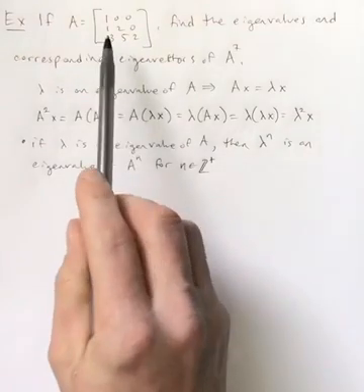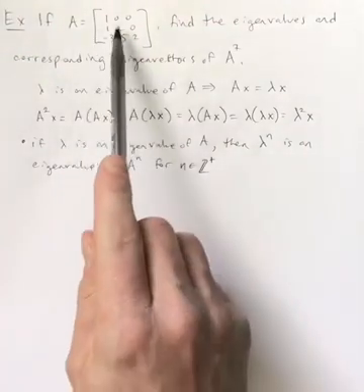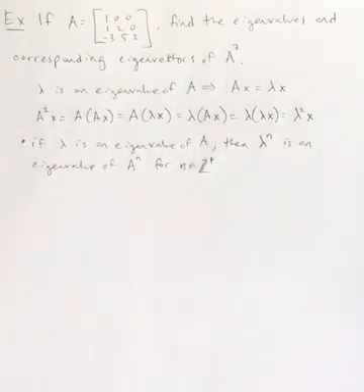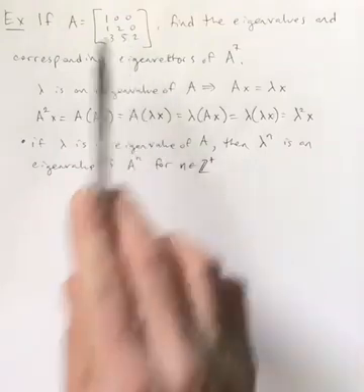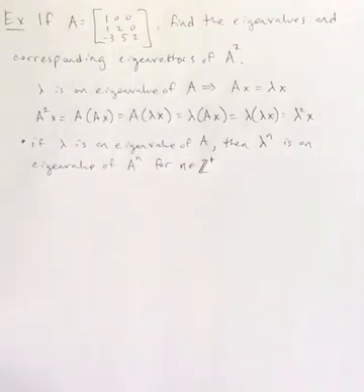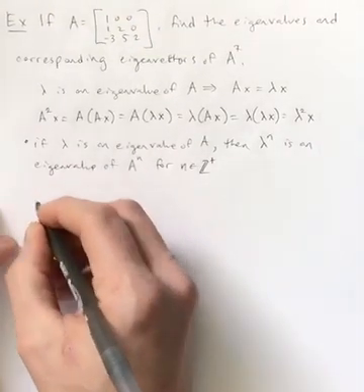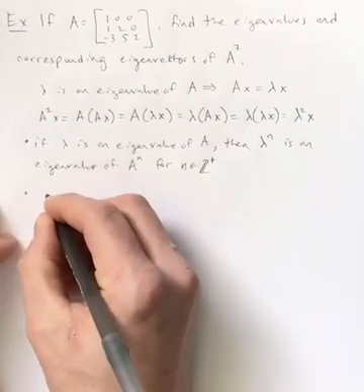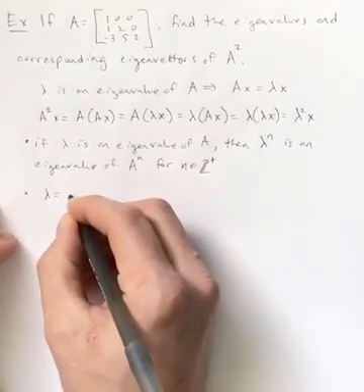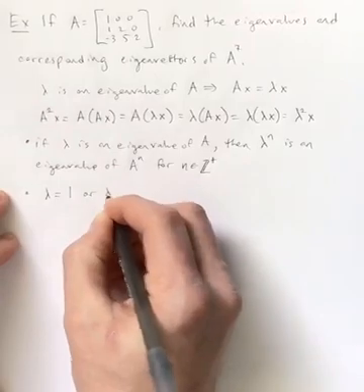So if we just knew what the eigenvalues for this matrix were, we could just raise those to the seventh. But we do. This is actually the example that we did two problems ago. This is the matrix that we showed is not diagonalizable. So from two problems ago, lambda equals 1 or lambda equals 2.